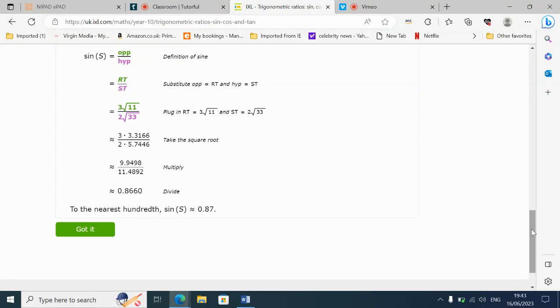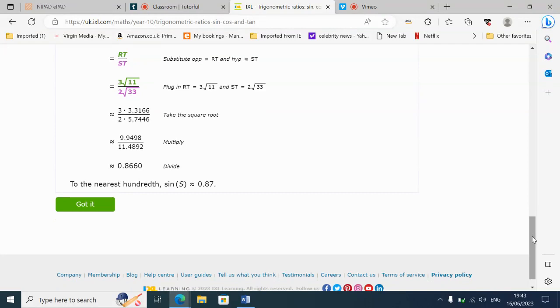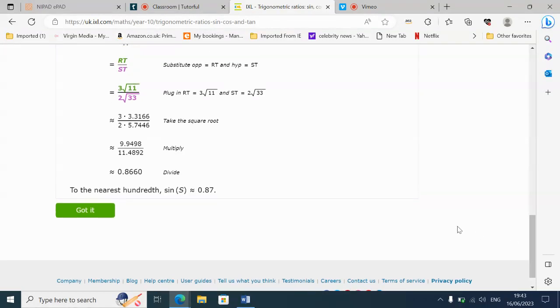And then you divide 9.9498 by 11.4892. What do you get?